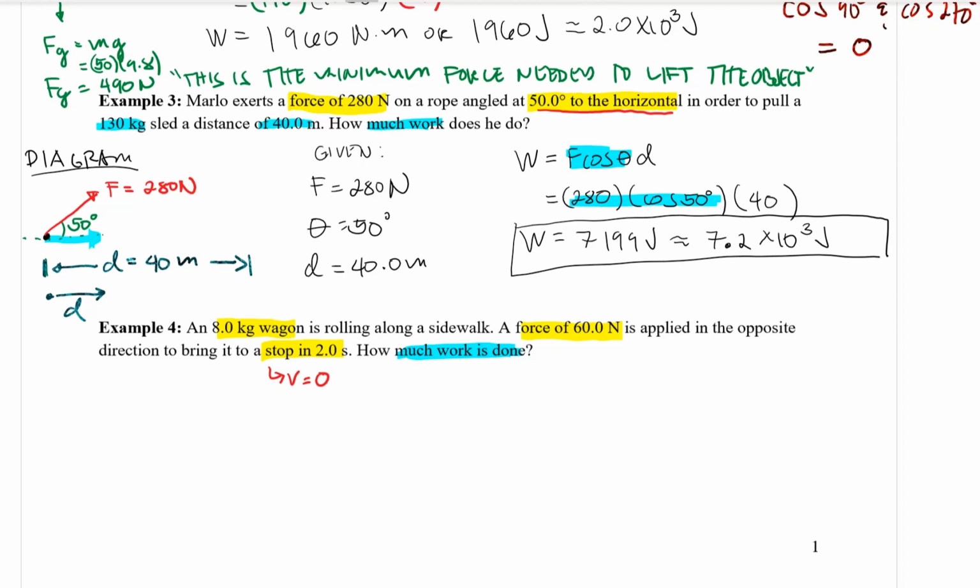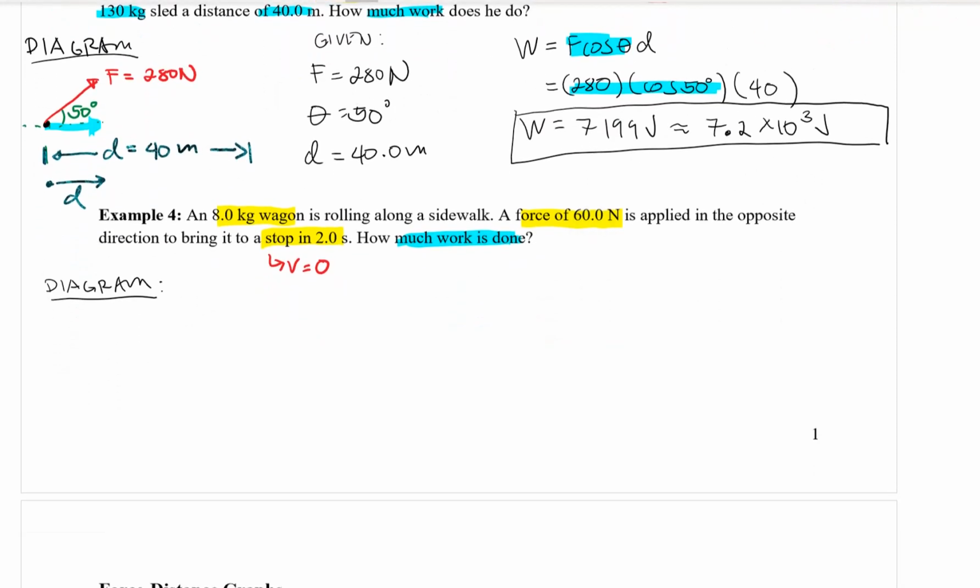Again, I'm going to start with a diagram. This is my wagon here, rolling along, and let's say the velocity is in that direction.